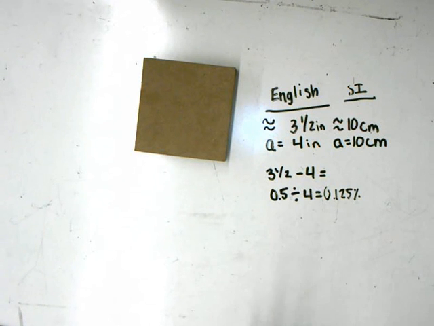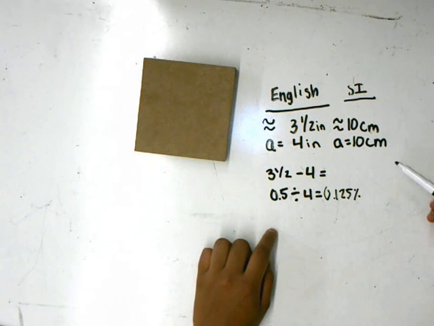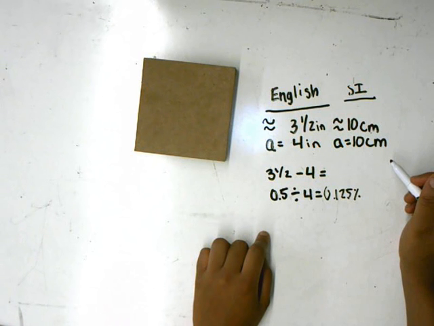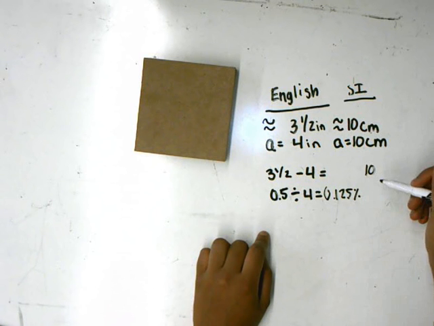Now, for the SI, which is using metric, which is being converted into centimeters, I'm going to do the same thing. I'm going to take the estimated length, which was 10, minus 10 equals 0.